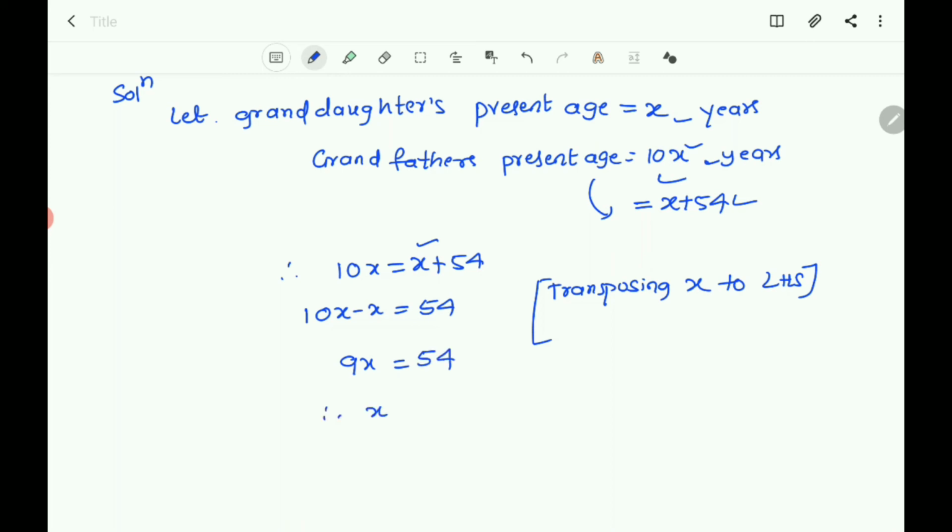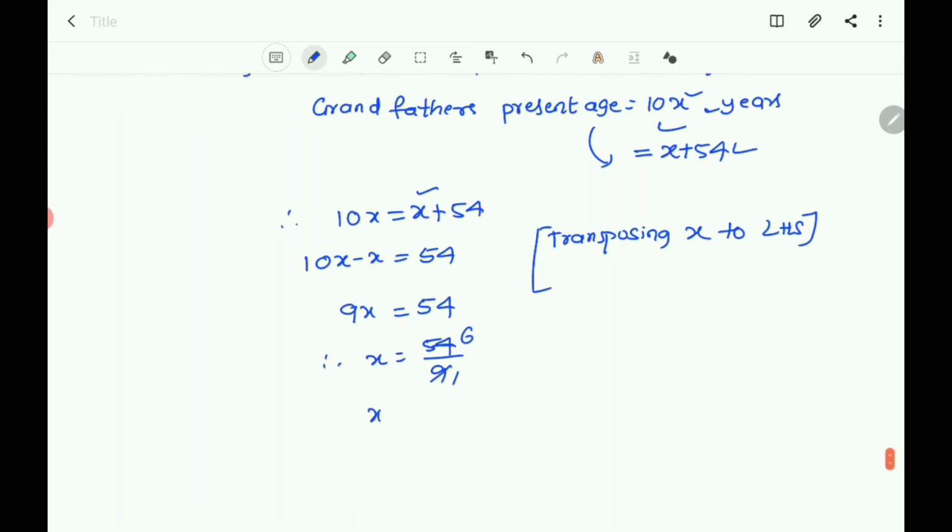Therefore x equals 54 by 9. 9 sixes are 54, so x equals 6 years.